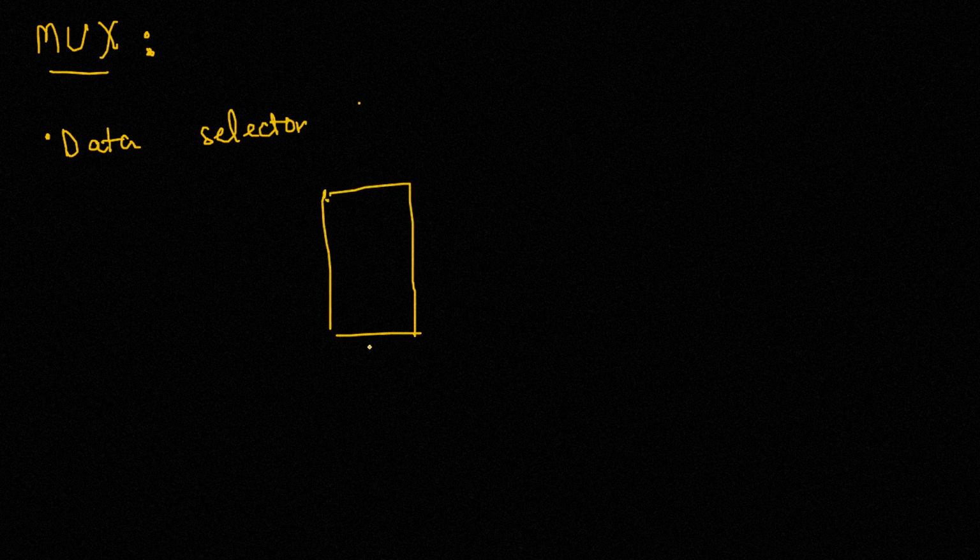What a multiplexer does is it serves as a data selector for us. So there are multiple data inputs which are passed through a MUX, and with the help of select lines, based on what is actually fed to these select lines, a particular one of these inputs is selected as the output.